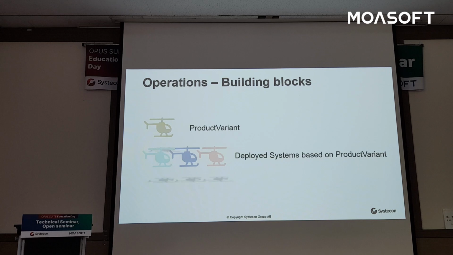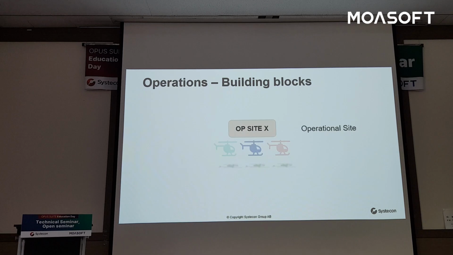And again, it is two different things. The product variant is the description from a maintenance or theoretical perspective, while the system is the actual operational entity that we deploy. But they're always based on the product variants. So a system is defined out of the product variants.